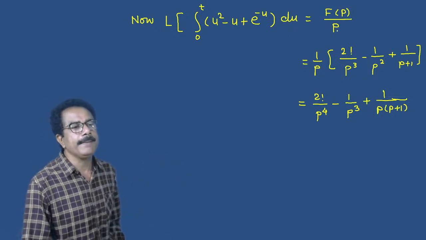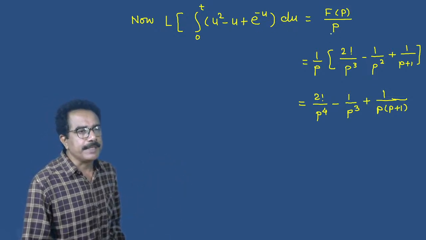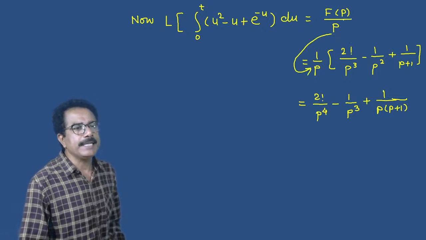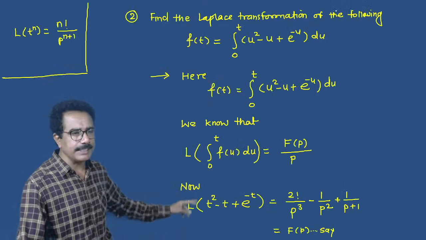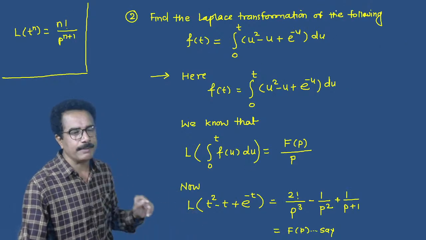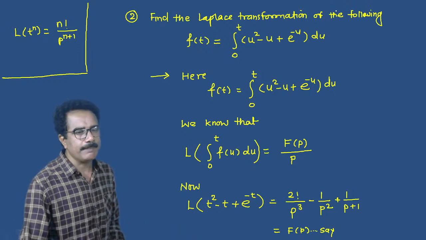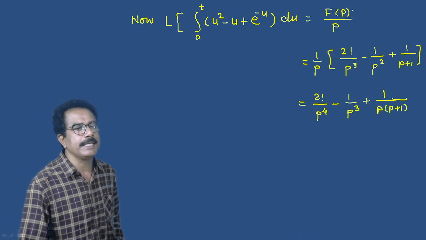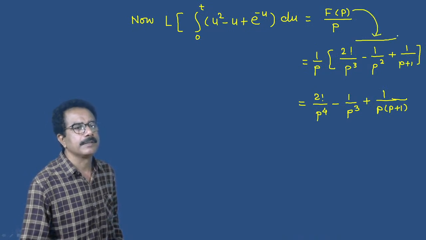Capital F of p divided by p. Keep this p as it is. And capital F of p we have calculated in terms of p, that is 2 factorial divided by p cube minus 1 upon p square plus 1 upon p plus 1.